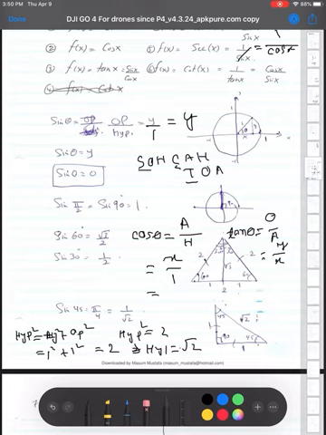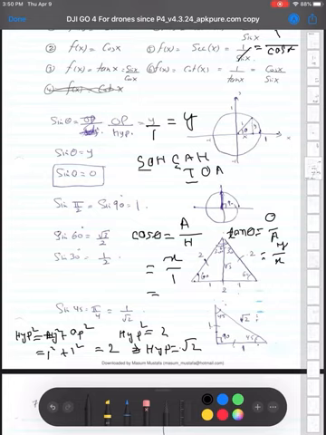So if adjacent is 1 and opposite is 1, the hypotenuse has to be square root of 2. How do we know? Hypotenuse square is equal to adjacent square plus opposite square, so 1 square plus 1 square is equal to 2. So hypotenuse square is equal to 2, so the hypotenuse is square root of 2.